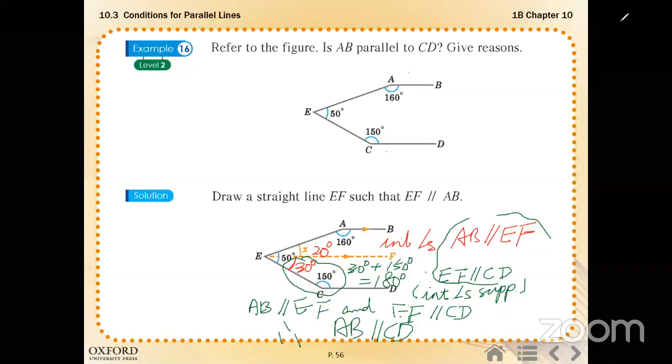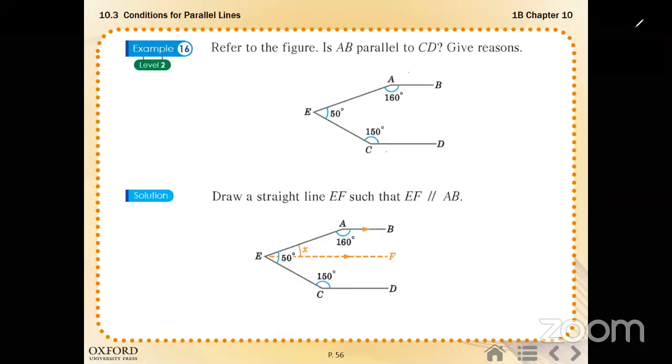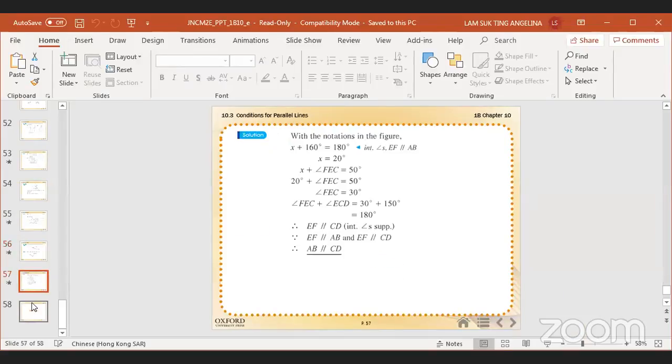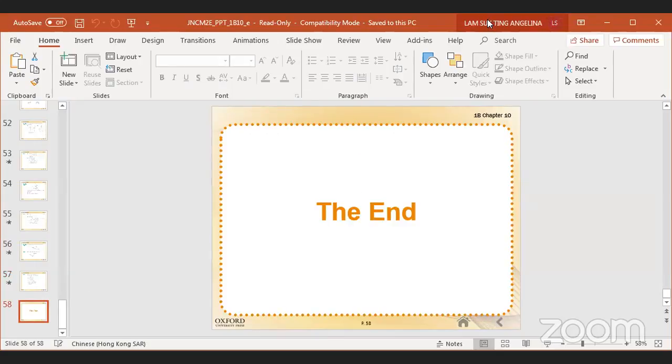Now, if you don't have any problems at this moment, you should be able to find the lesson worksheet in Google Classroom.